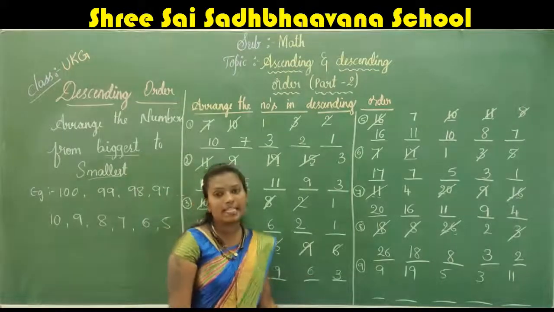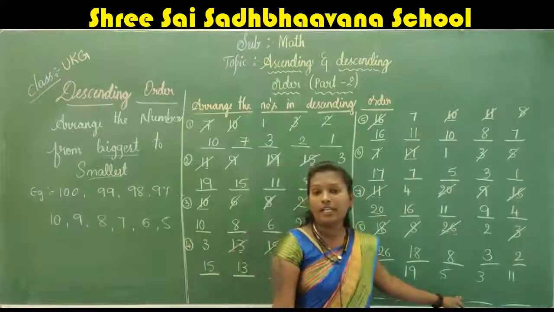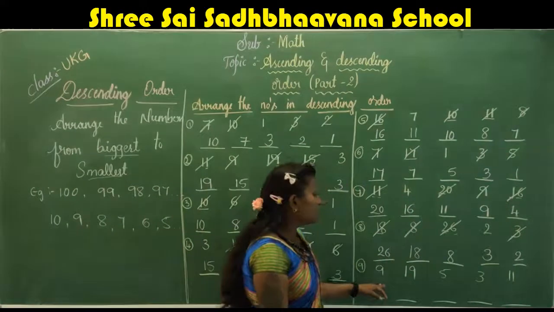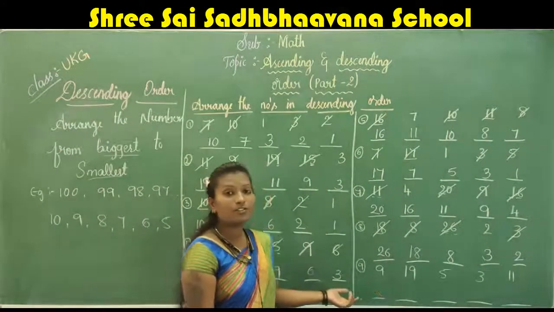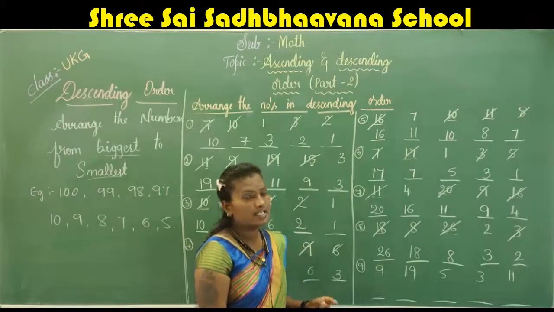Next, we'll go for the ninth one: 9, 19, 5, 3, 11. So children, what do we have to do? We have to observe the 2-digit numbers. Correct? Yes.